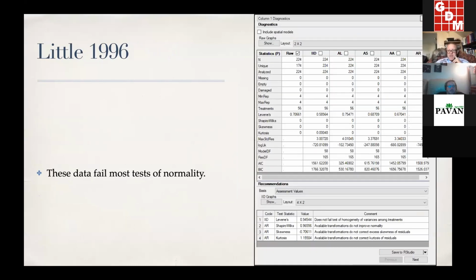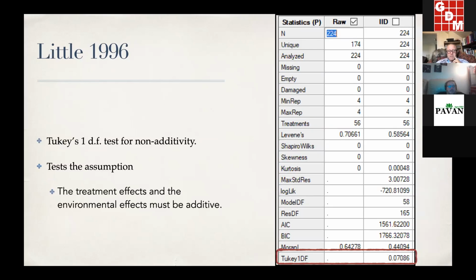And we see that these data in Littell 1996 do fail most tests of normality, and we really don't have a good way to correct for it with a data transformation. And so the analysis of ranks is assigned.